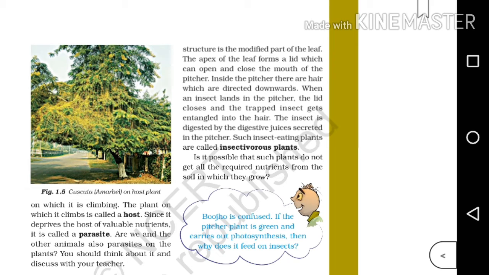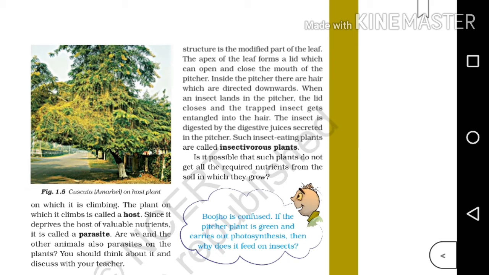As same as that of humans, this pitcher plant is also having digestive juices. So these secreted digestive juices will digest the insect which has landed on the pitcher plant. Okay, so thus the trapped insect gets digested within the pitcher.